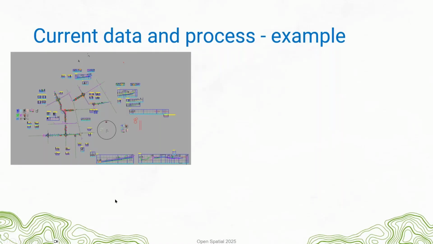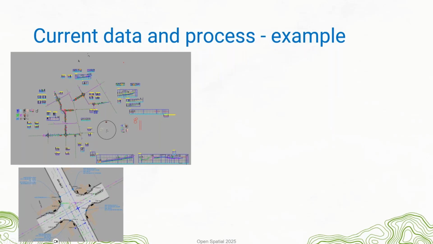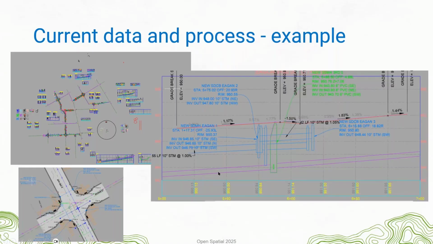So if we look at the current data, there's just CAD drawings that can be like this. And you're asking your GIS person to figure it out. And so there can be all the sections and all of that. And if you zoom right in on that, so if we go to a little section here, it gets pretty complicated, and there's stuff from leader lines and all of that, and there's data that's in the section. It's there.